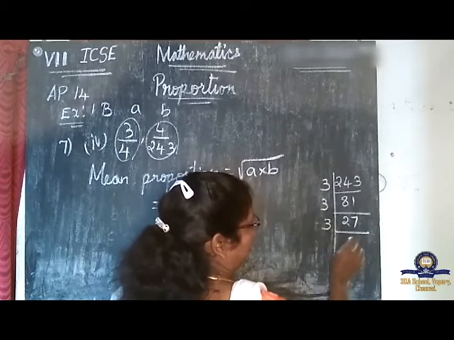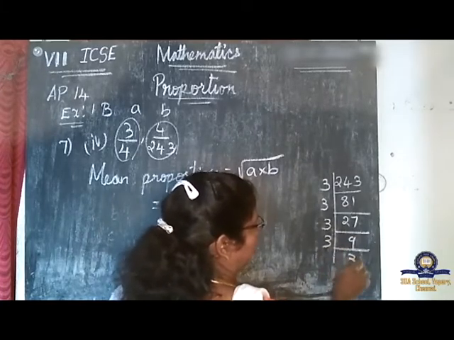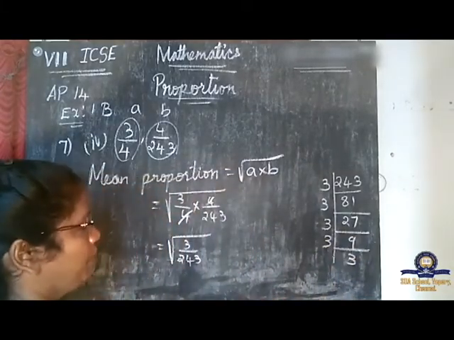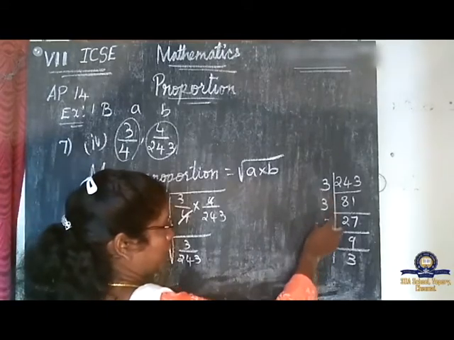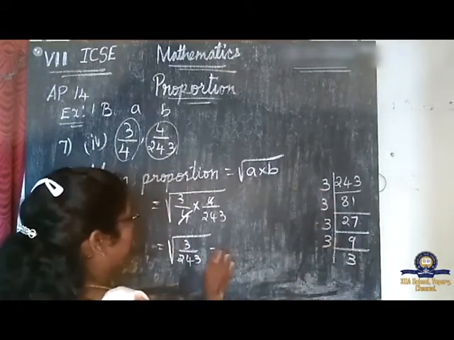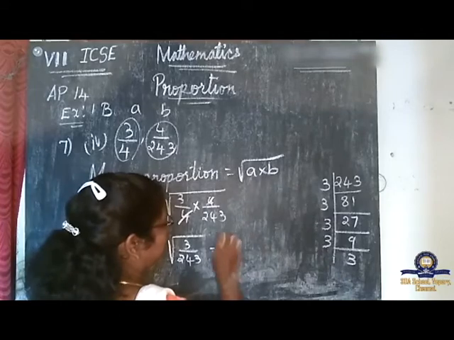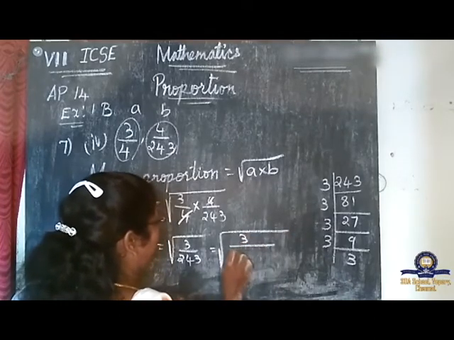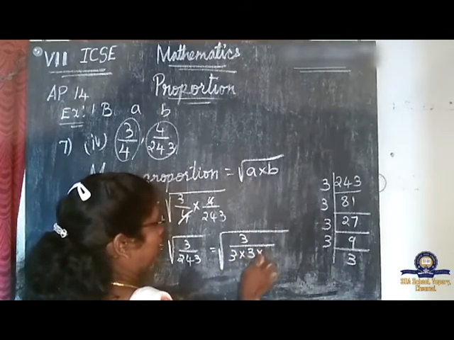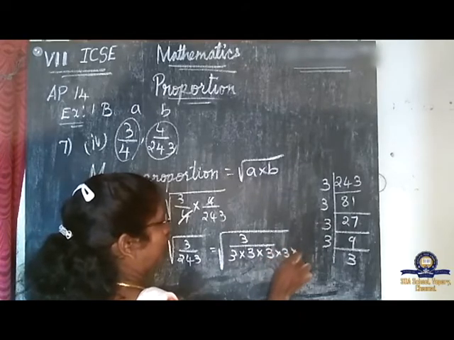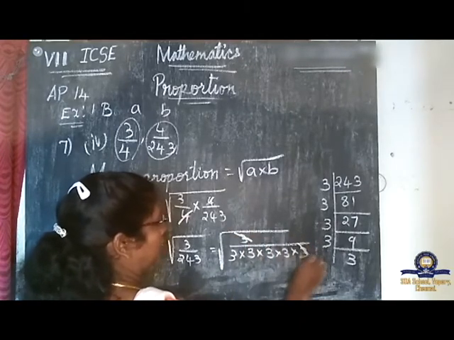Again by 3, 3 9s are 27, again 3 into 3. How many 3s are there? 1, 2, 3, 4, 5. So I am going to write it as 3 by 3 into 3 into 3 into 3 into 3. 3 and 3 cancel.